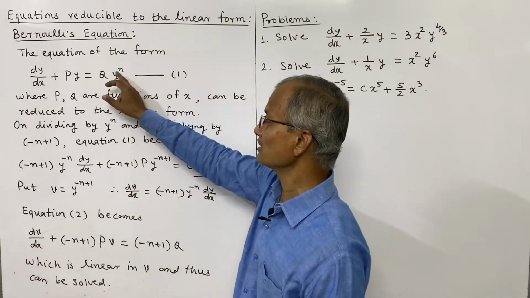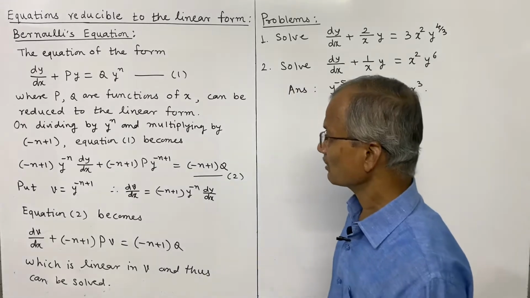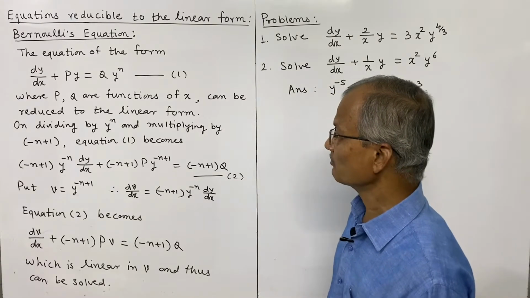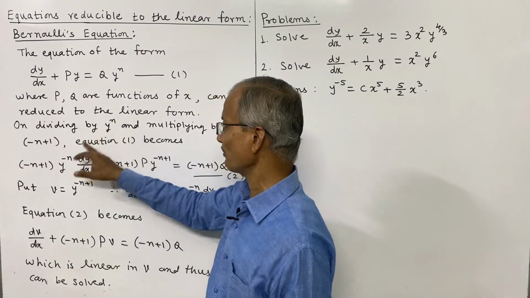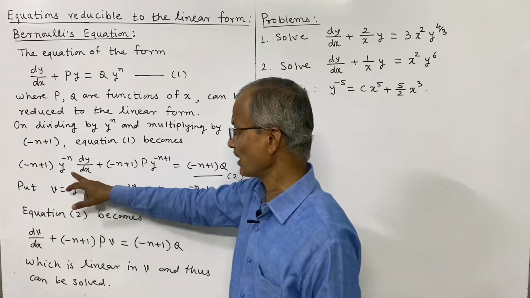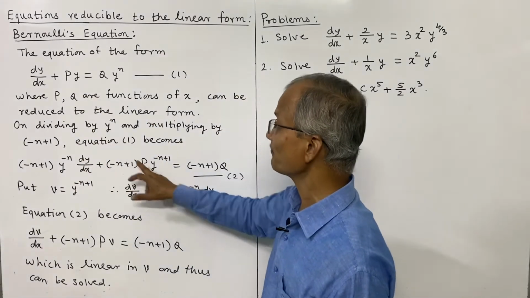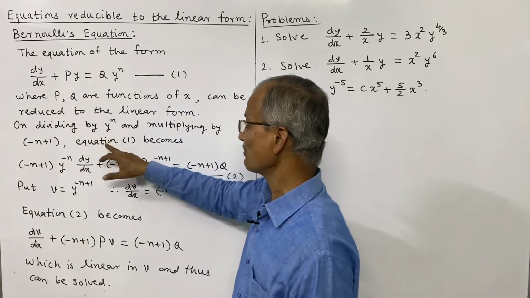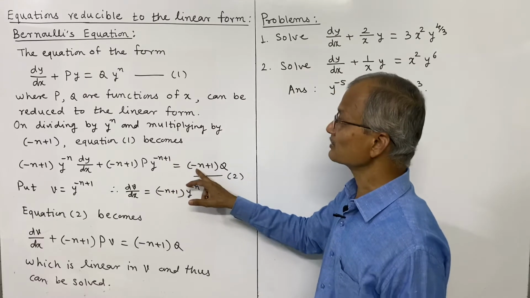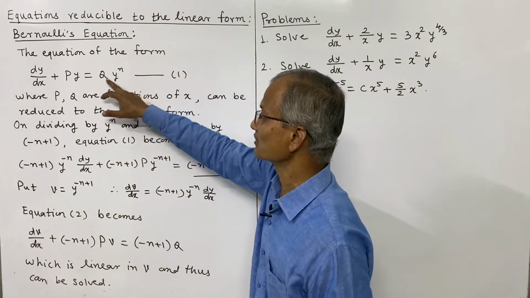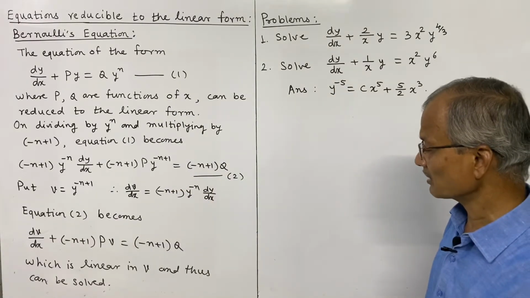We are doing these two operations at the same time, and the equation becomes: (-n + 1) y^(-n) dy/dx, the second term is (-n + 1) P, and y divided by y^n is y^(-n + 1), and the right side becomes (-n + 1) Q.